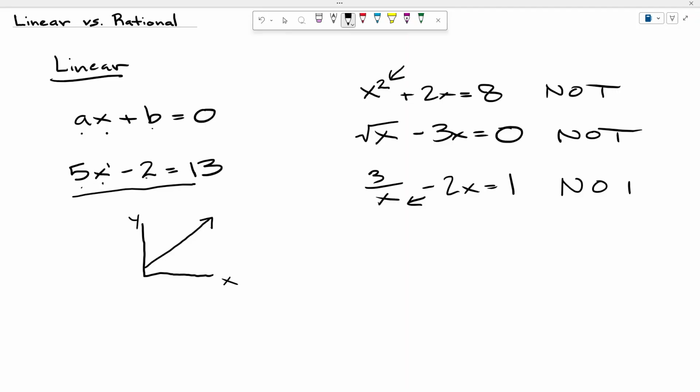So that's a telltale for whether you have a linear equation or not, the straight line in the graph.